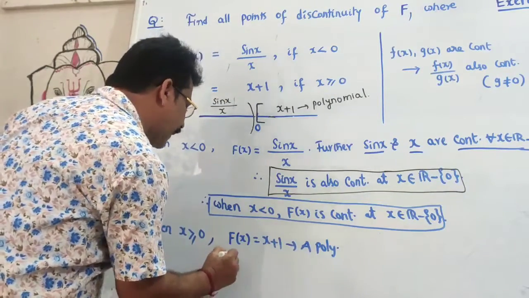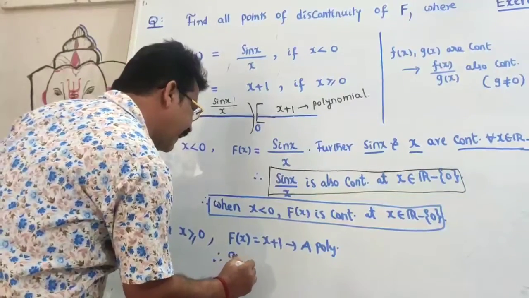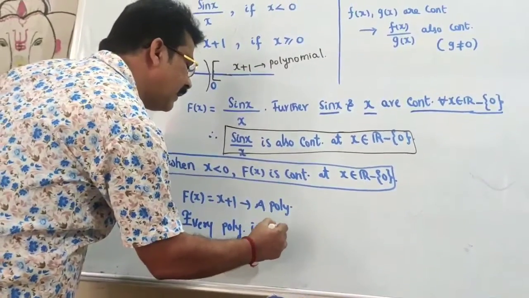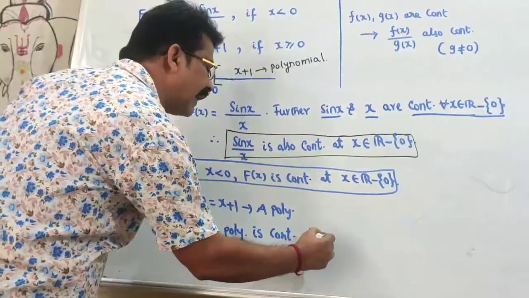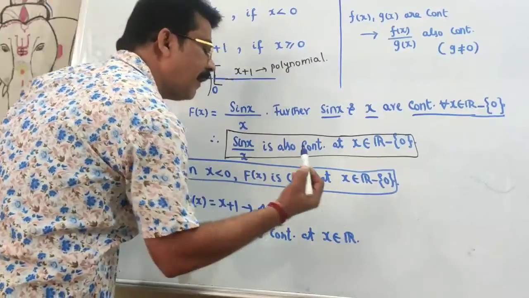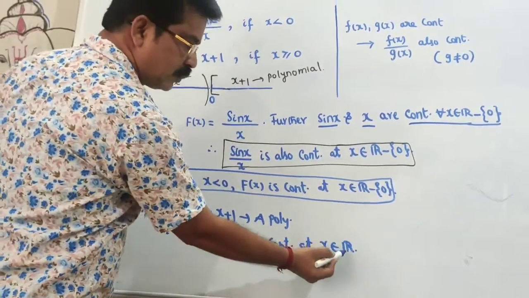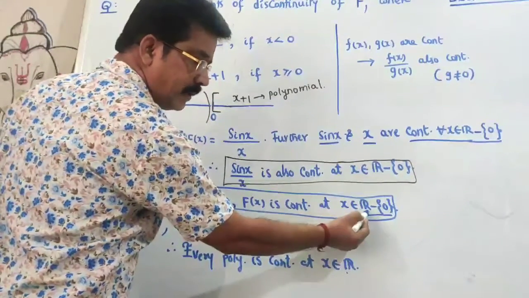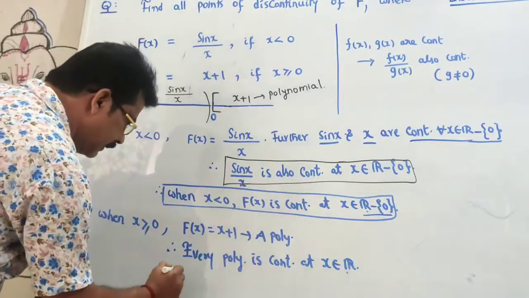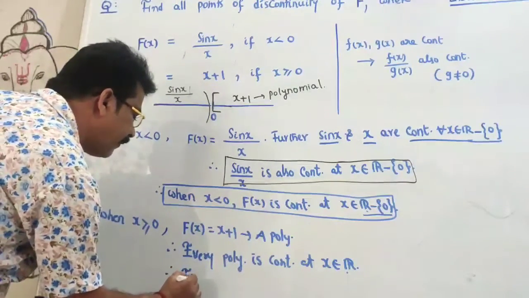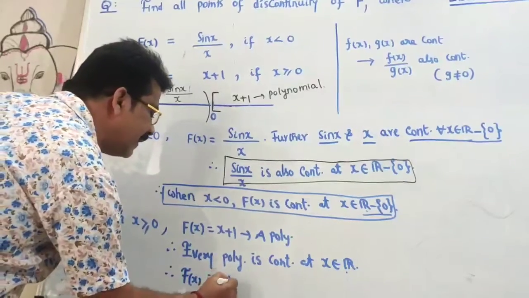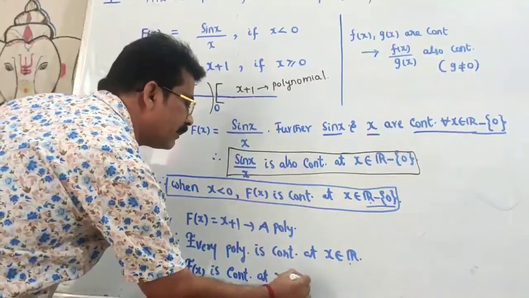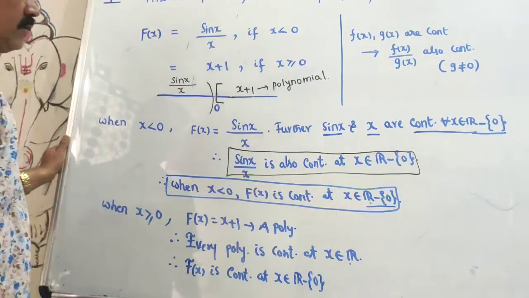So therefore, every polynomial is continuous at x belongs to capital R. Capital R is a superset, and this is the subset because in this set 0 is not there. Here 0 is there. Therefore, capital F of x is clearly a continuous function at x belongs to capital R, the common domain, minus 0.